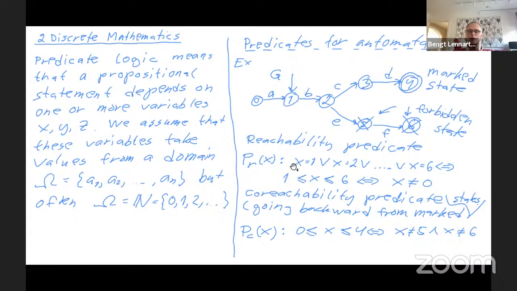So I try to repeat again, and I hope this is clear now, that the reachable states you get if you start in the initial state, and in this example I have said that state 1 is the initial state. Then you go forward, you get into state 2, and here you can go in 2 directions. This is also a good example of what I will mention at the end of this presentation about breadth-first search, because reachability is typically implemented by a search in this graph.